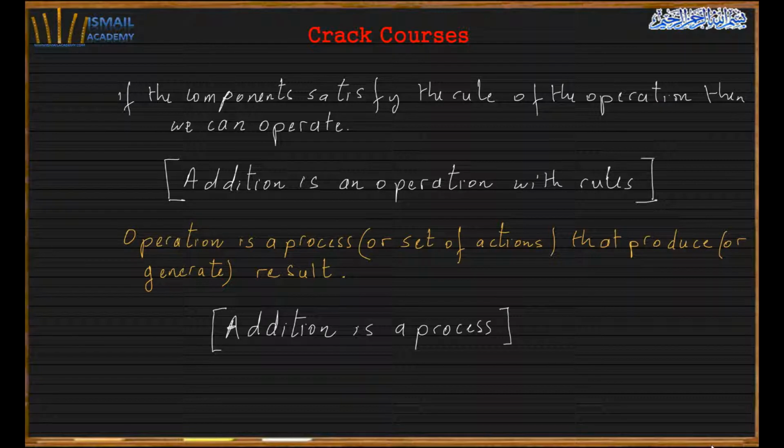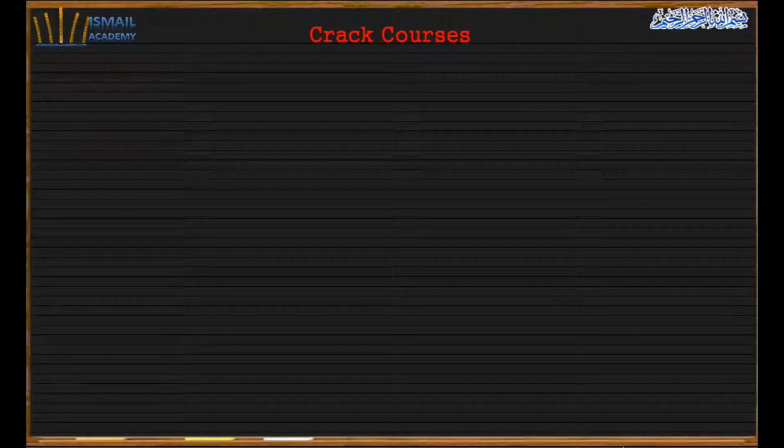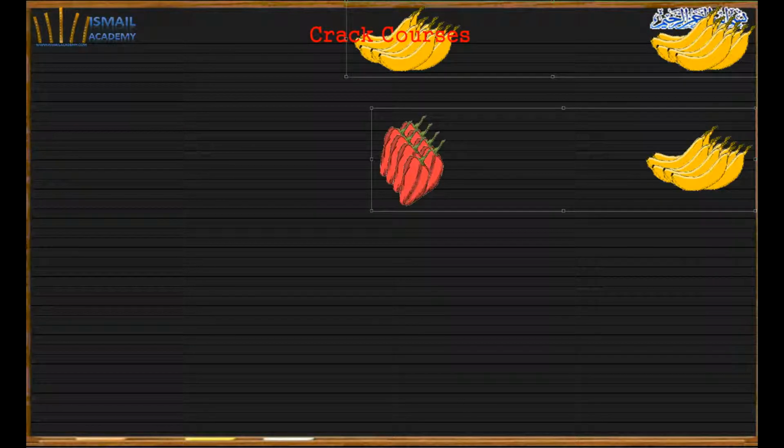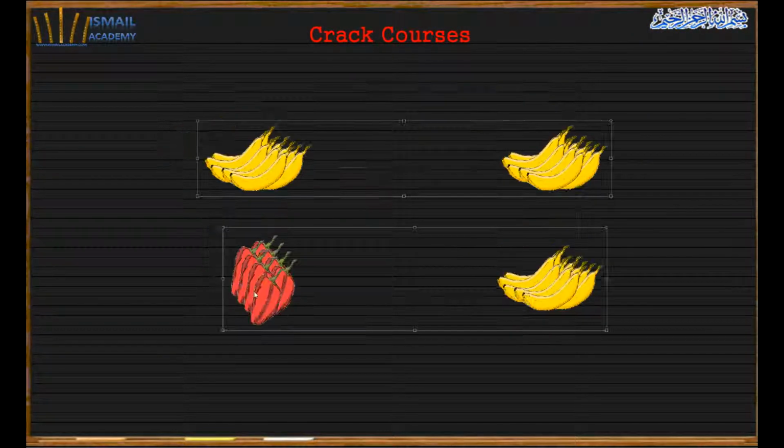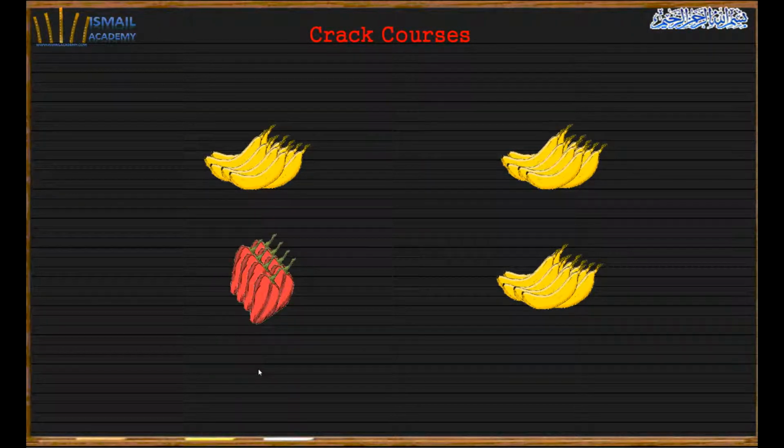Now let's start the lesson of addition. What we did till now is just an introduction to addition. In our daily life, we either combine or mix quantities. Suppose I have this set of quantities and I want to create a single set of the first two, and a single set of the second two.